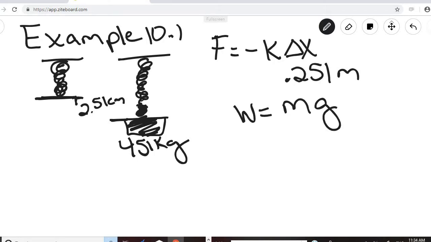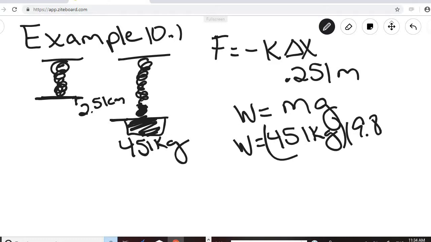The force of gravity is what will determine the object's weight. So we can say that the weight is equal to 451 kilograms times 9.8 meters per second squared. So the weight is equal to 4.4 times 10 cubed newtons.